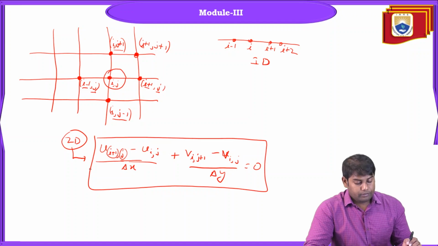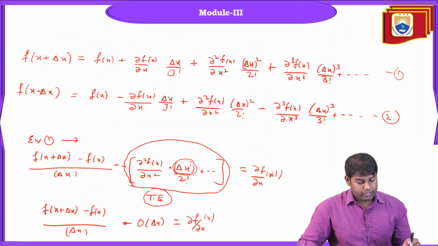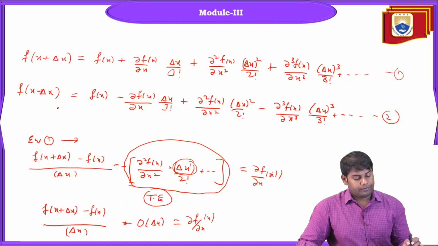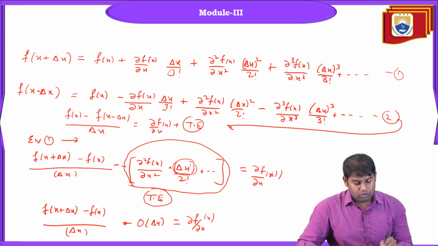Let's see the backward difference. When we rearrange the second Taylor series equation, we have [f(x) − f(x − Δx)]/Δx, which is equal to ∂f/∂x plus truncation error terms. Rearranging the second one gives us the third one in this form.